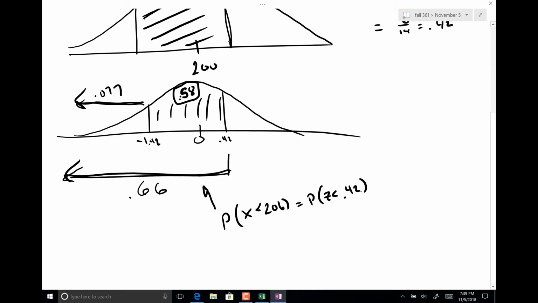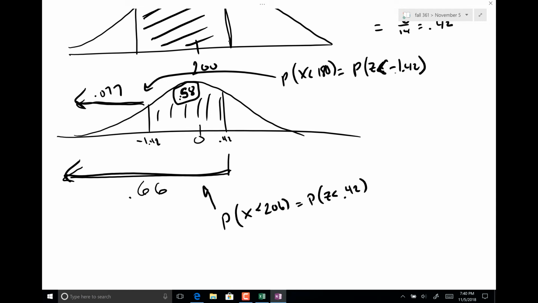There's a 66% chance that's less than that. This one up here is the probability that x is less than 180, which again is equivalent to the probability that z is less than negative 1.42. 7% chance of that. So between them is the difference.